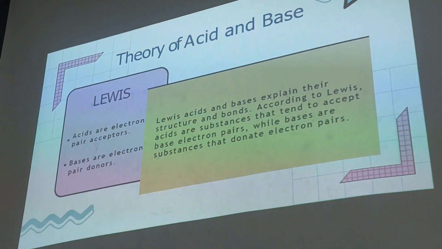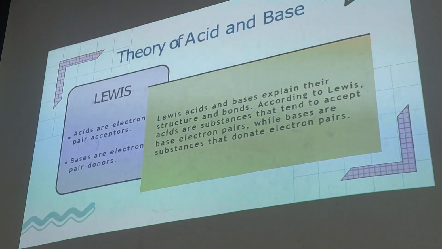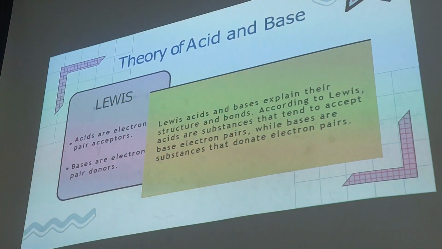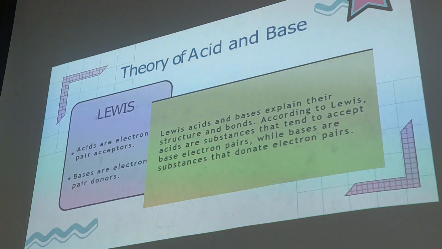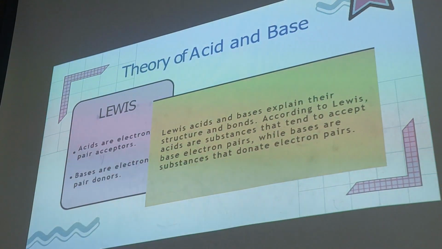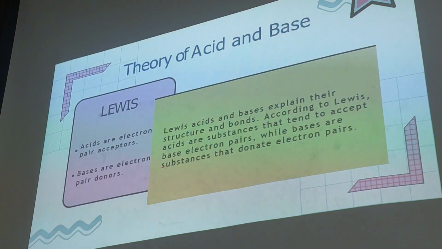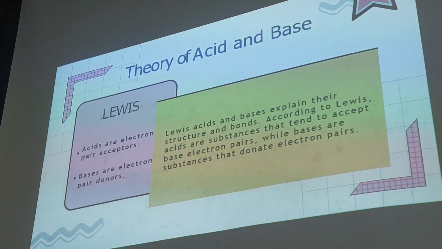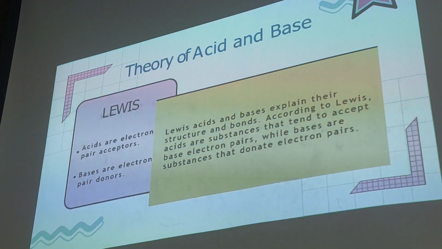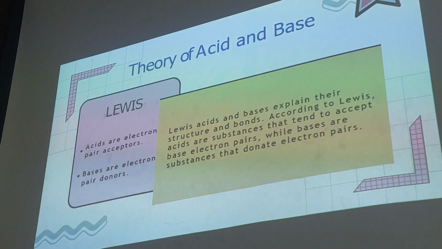So we have 7 electrons for each F, and B is from 3. I put the bonds 1, 2, and 3.